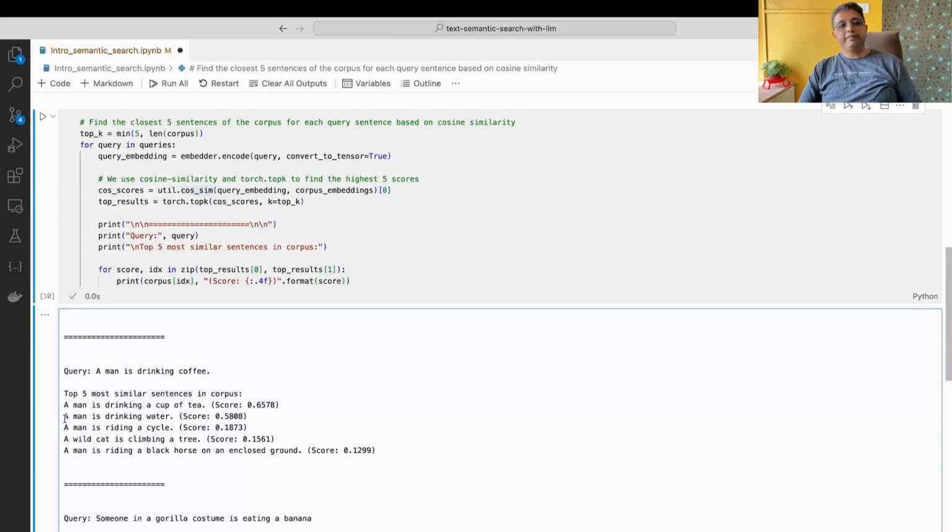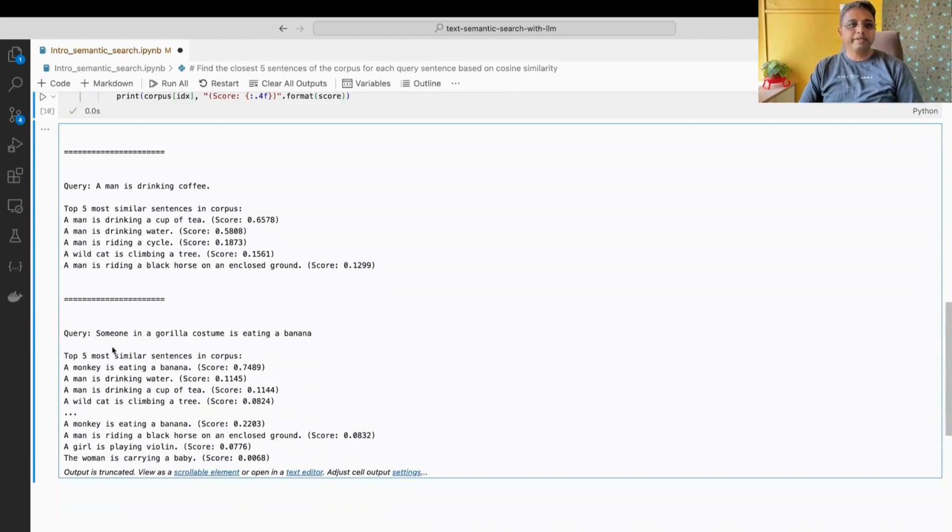And then the second match is a man is drinking water, maybe since it is also something we can drink, but the words coffee and tea might be closer in the text embedding space, so that's why they have higher similarity. And you can understand, normally we offer someone a tea or a coffee, so that type of meaning is embedded in the embedding space, and that type of meaning is considered in the search. That's why it is called semantic search.